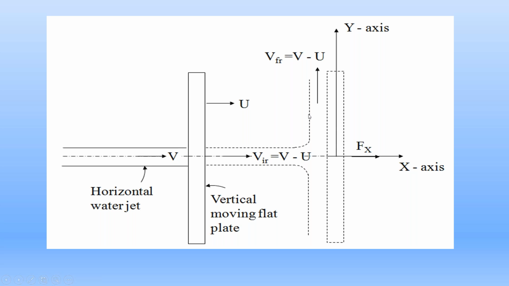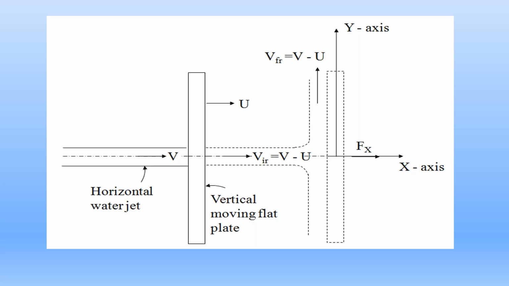Now in this impact, since the water jet is striking the plate with relative velocity, consider the mass of water jet striking the metal plate per second. We already discussed this in the stationary plates. We know that the mass of water jet striking the plate per second is equal to rho A into V. That is the equation in the rest condition.